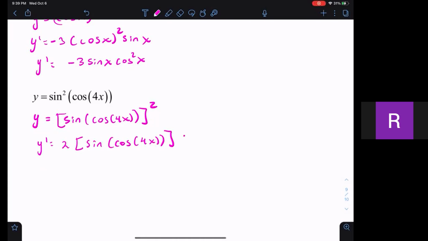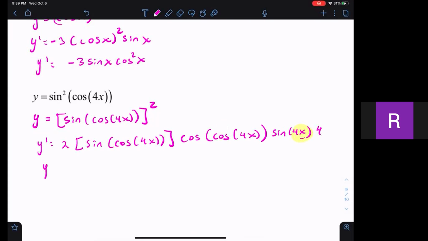The derivative of sine is cosine, cosine, 4x. And then I need to take the derivative of this one. So that's going to be sine 4x, and then take the derivative of this 4x, and that's going to be just 4.